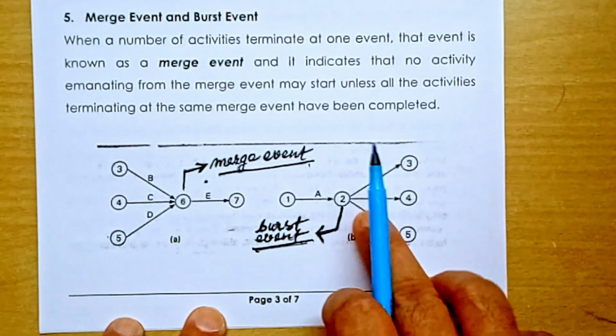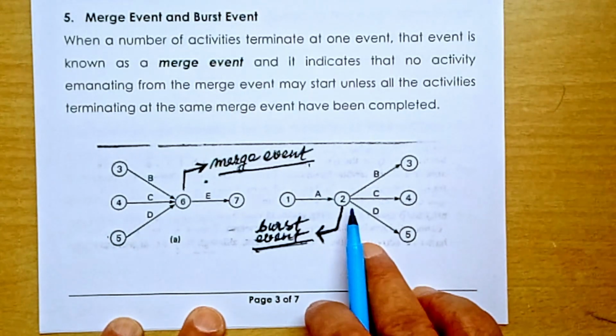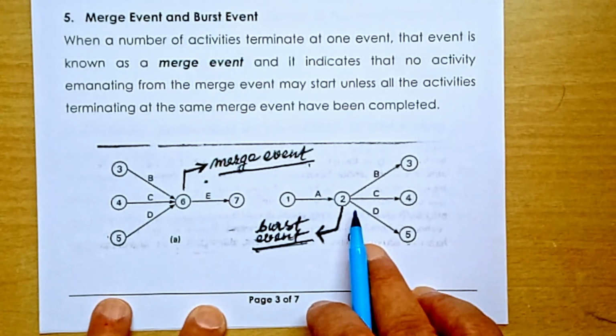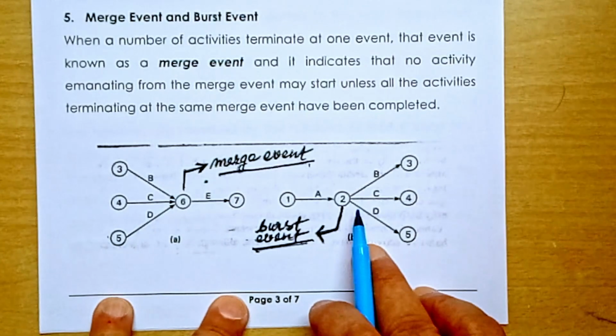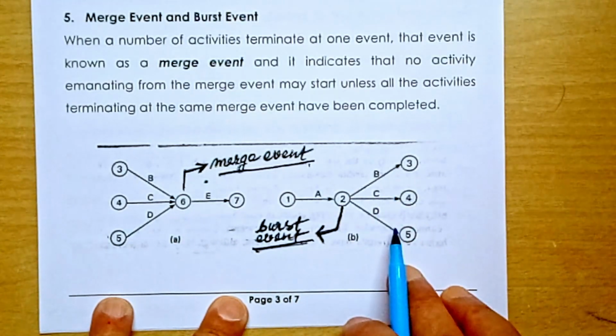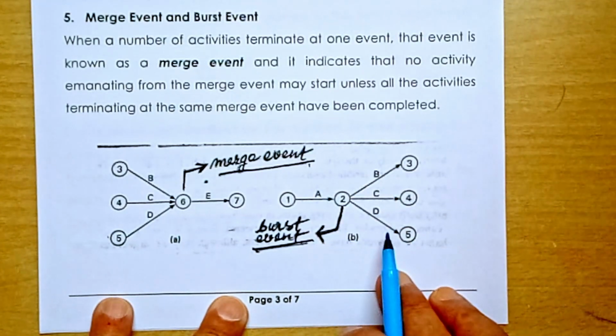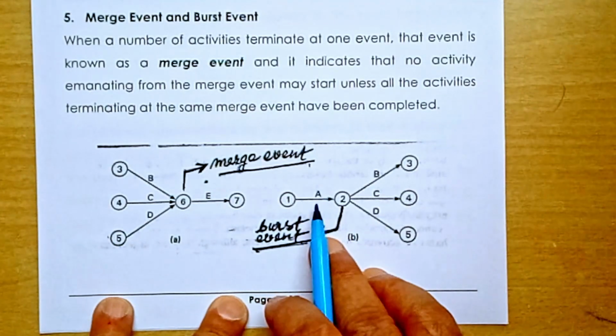Similarly, in case of a burst event, number 2 is a burst event, and after that there are 3 activities started. 3 activities are emanating from this burst event, B, C, D, these activities. And B, C, D can be carried out or undertaken only once the preceding activity is completed.